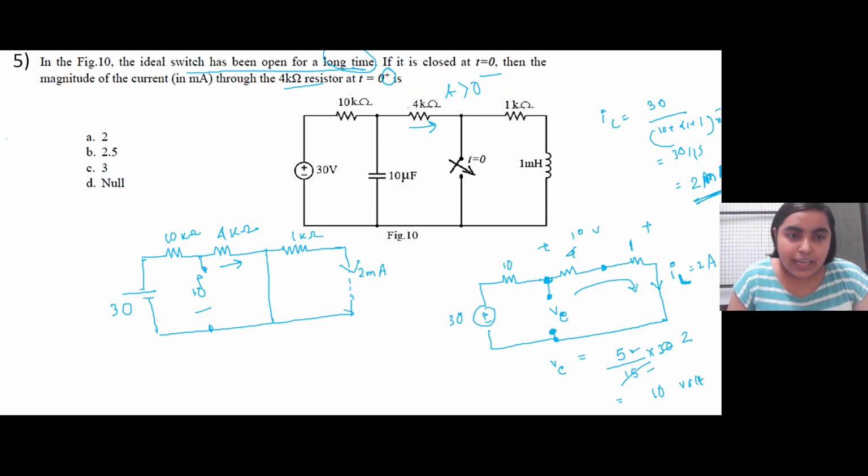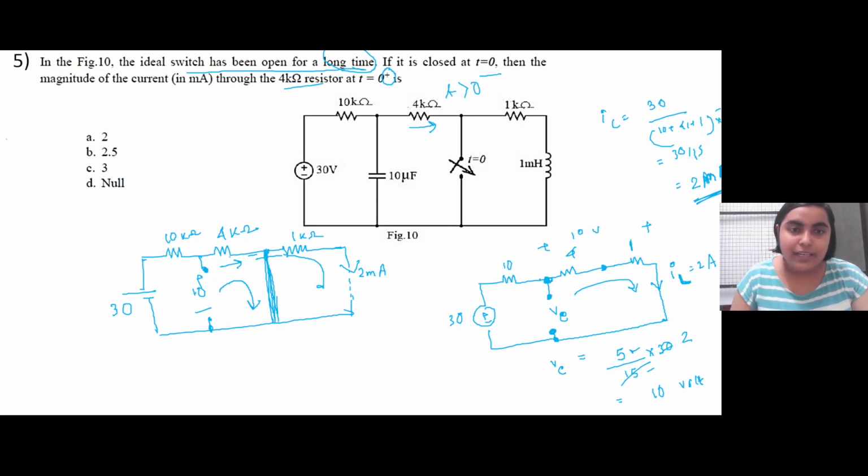Because there is a short circuit here, the 2 ampere current which was initially flowing through here will get disrupted, right? Now this 10 volt is also getting applied across this particular resistance. And because of this switch closing, the short circuit is here, so it will not take into account this particular 1 kilo ohm resistance. So it will be like a current that is flowing like this.